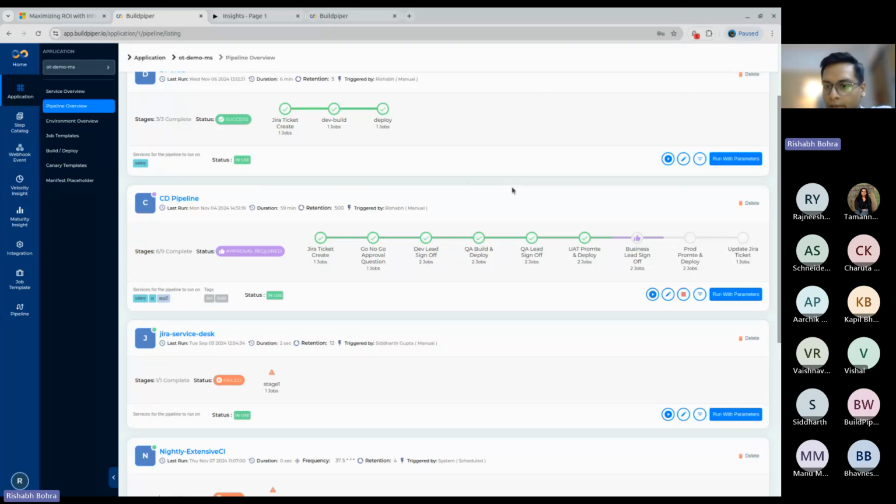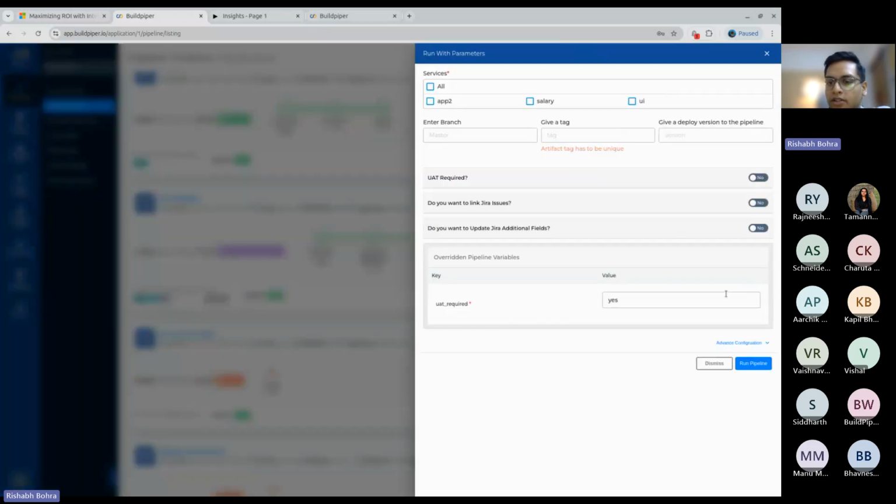Here in BuildPiper, as I mentioned previously, the pipelines are a bit different from what we are generally used to seeing in tools like Jenkins or GitHub Actions, where we have these macro pipelines. With a single click, you can select the services that you want to deploy with their respective settings, in terms of the branch or tag that you might want to deploy across multiple environments.